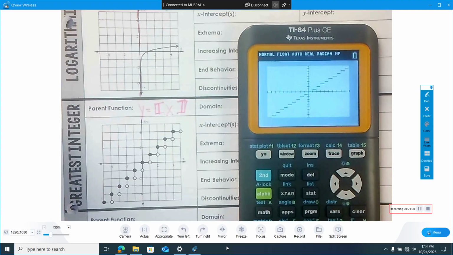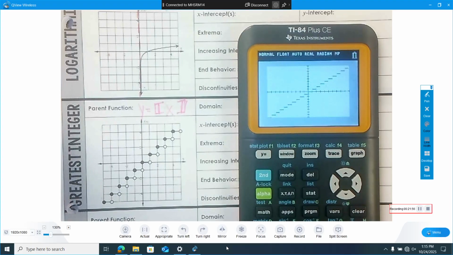Except mine looks like a wiggly line. Yours is stairs, mine is wiggly. Why does mine keep going straight? Oh, I have steps too. Oh, you're supposed to go on the y equals, you're saying.